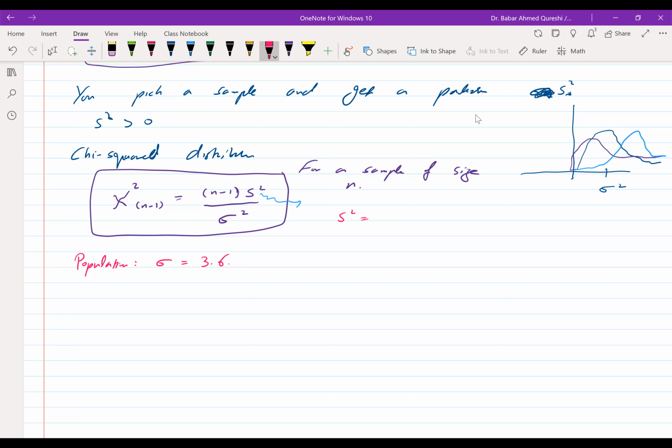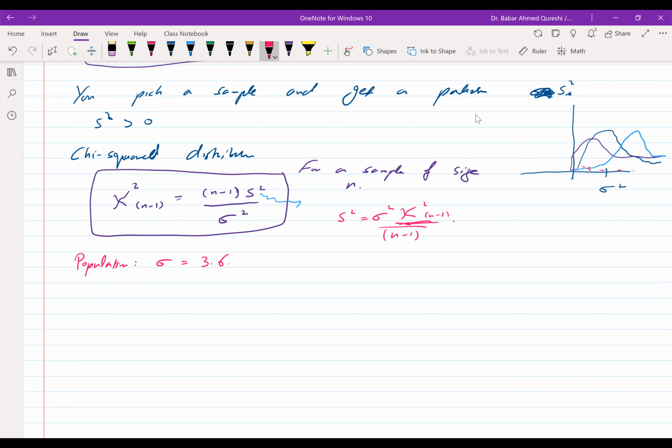S square is this variable, sigma square over n minus 1. So this S square picks values according to this distribution.